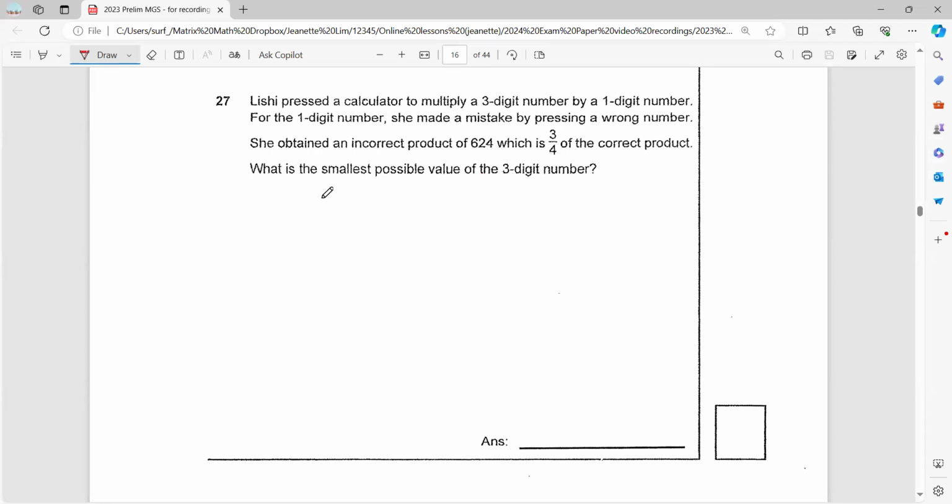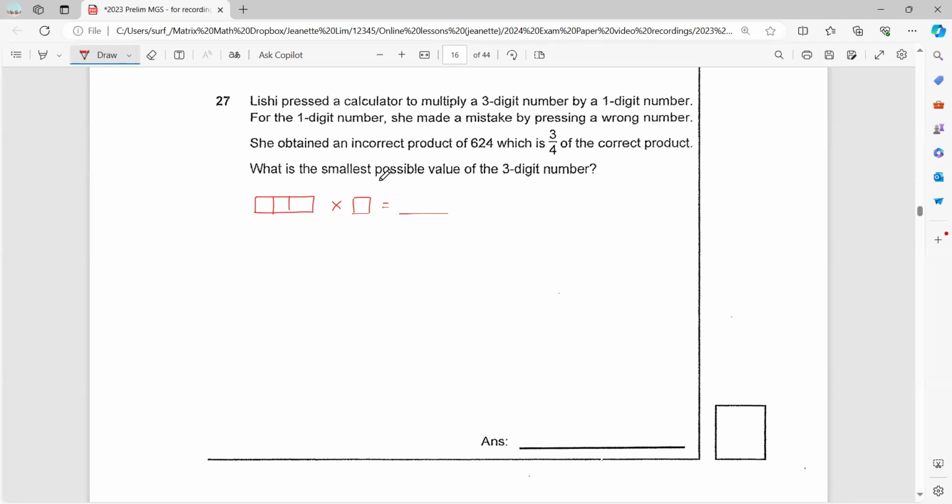What is the smallest value of the 3-digit number? Okay, so you have a 3-digit number multiplied by a 1-digit number. This 3-digit number is the correct one, okay?